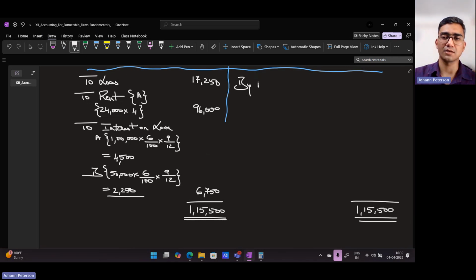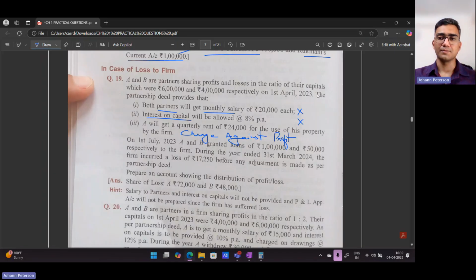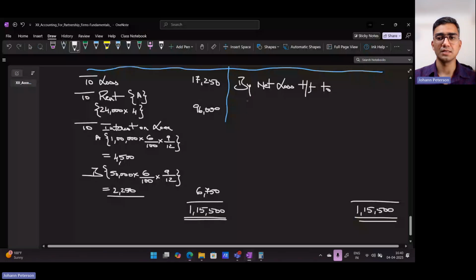So this will be my net loss. So by net loss transferred to, it will be given to both partners to share. And the profit or loss sharing ratio is 6:4, which is 3:2. So their names are A and B.